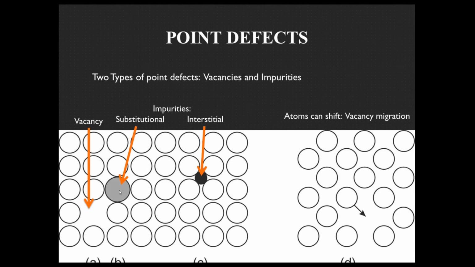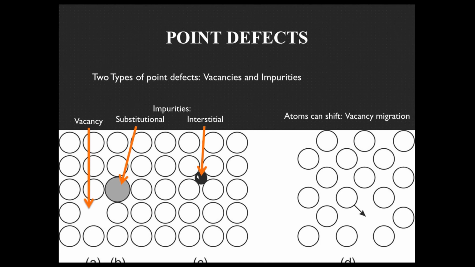A substitution, which is a substitutional impurity, can be a different atom or ion that's a little bigger or a little smaller. In either case, it's going to stress and strain the matrix of that crystal around it. The other kind of impurity is called an interstitial impurity.